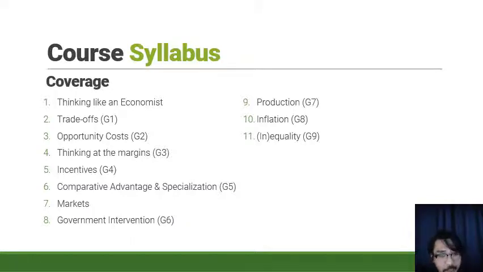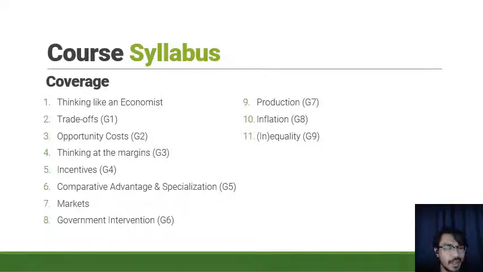Week 2 will be mostly on trade-offs. Third week on opportunity costs. Fourth week is about thinking at the margins, right? I think some of you might have encountered these concepts already, but these are essential ideas that economists grapple with in terms of how they appreciate the world.